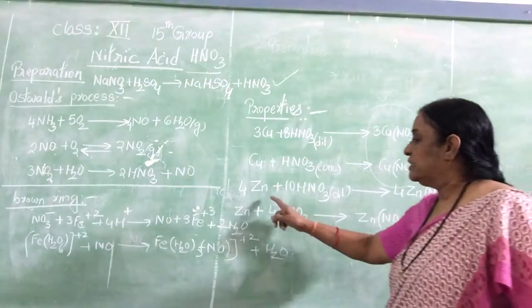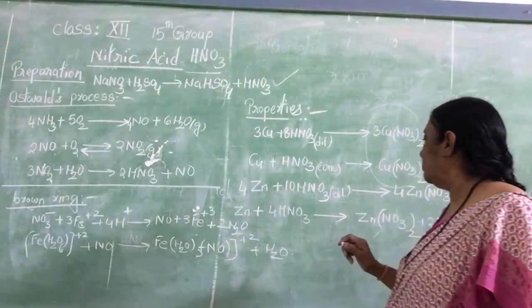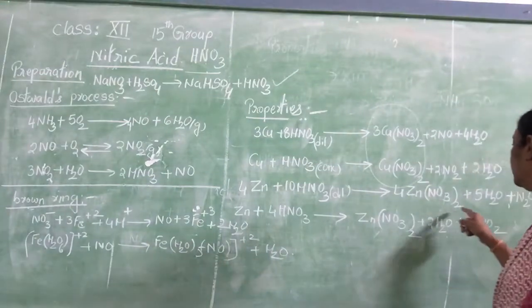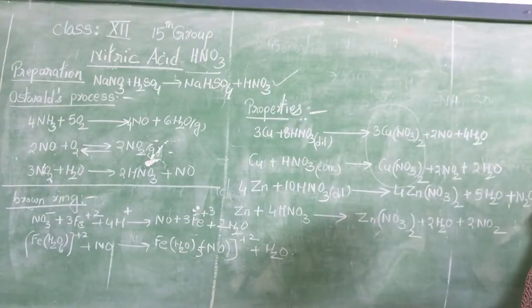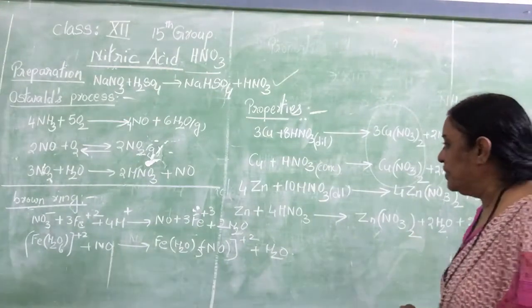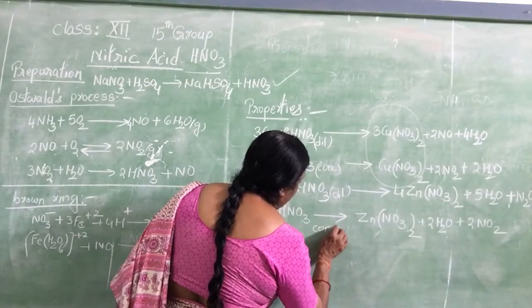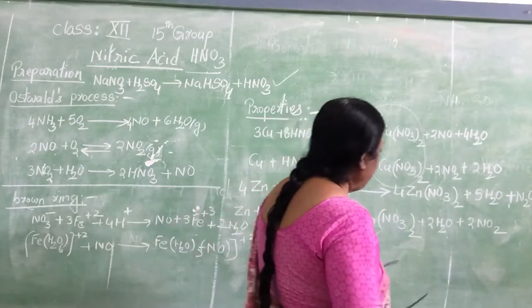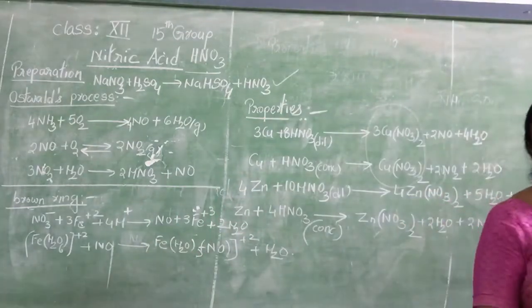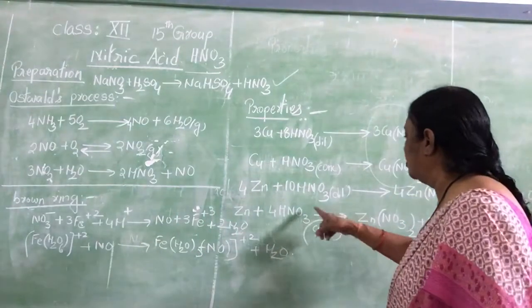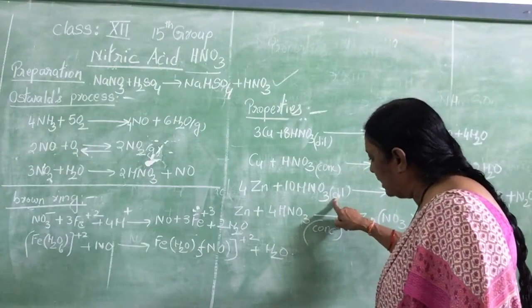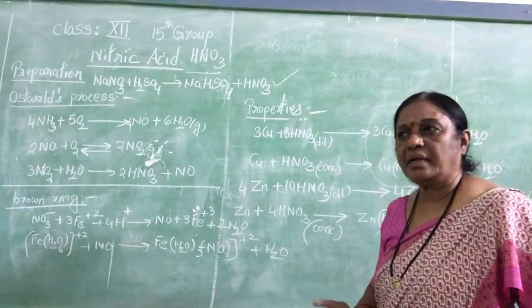Now next, zinc reacts with dilute nitric acid to form zinc nitrate and N2O. Similarly, zinc reacts with the concentrated nitric acid. Here also, children, we have dilute and concentrated nitric acid.